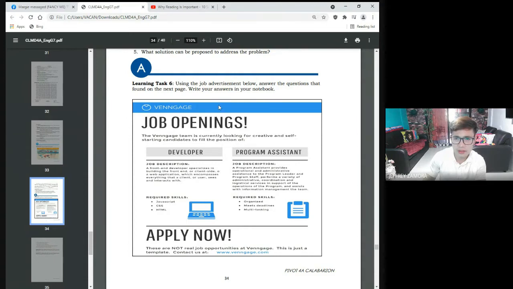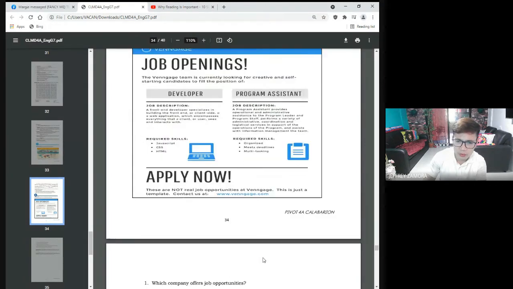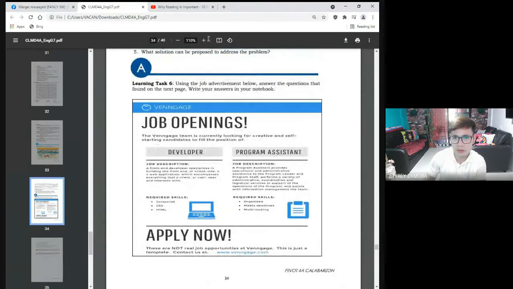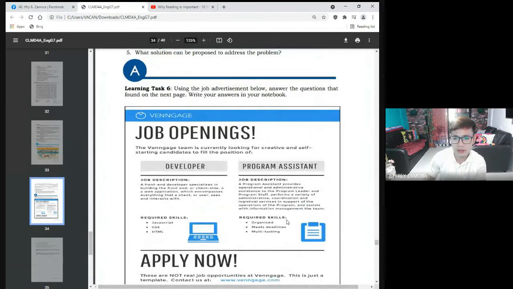That is, of course, the company. Correct. What about the second one? Any other hand? Okay, no more. Number two: what positions are they looking for, according to the job descriptions there?